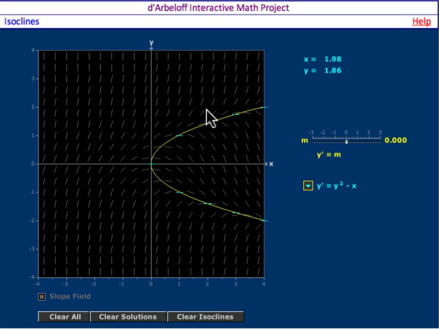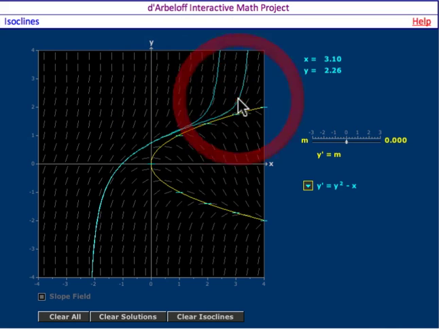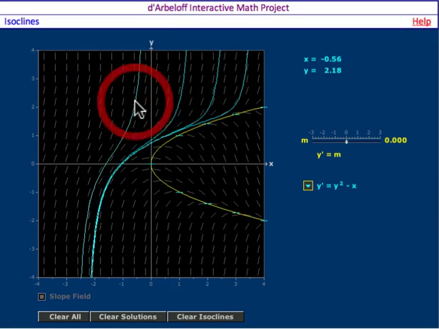If a solution is well above the nullcline, it gets caught in this powerful updraft and goes off to infinity. In fact, all these solutions become tangent to vertical lines. They don't continue for all large x. They blow up in finite time.